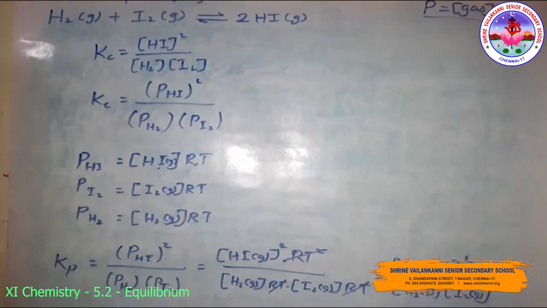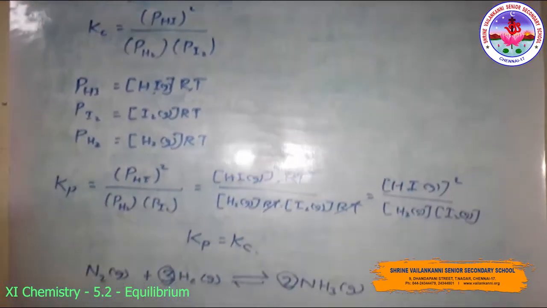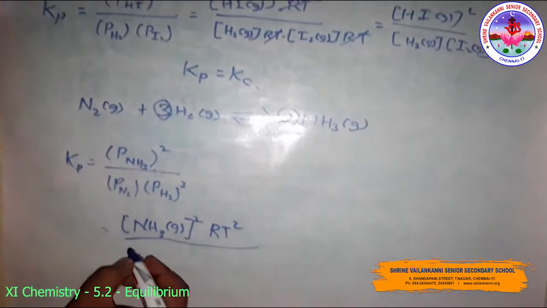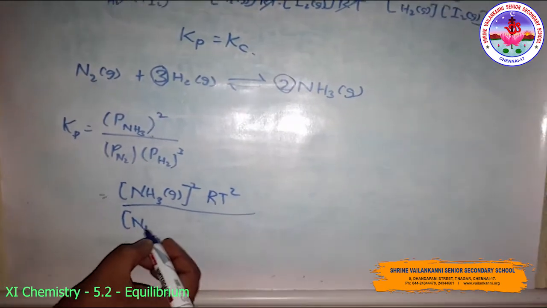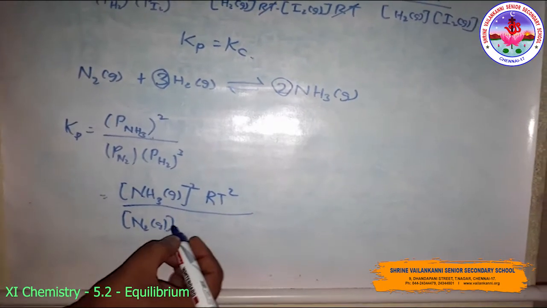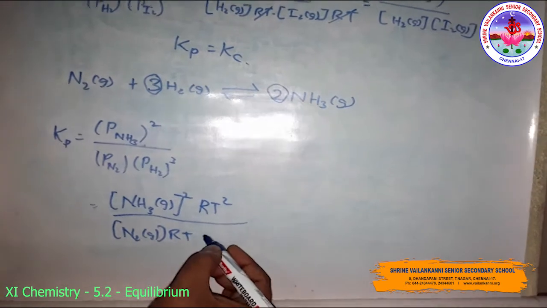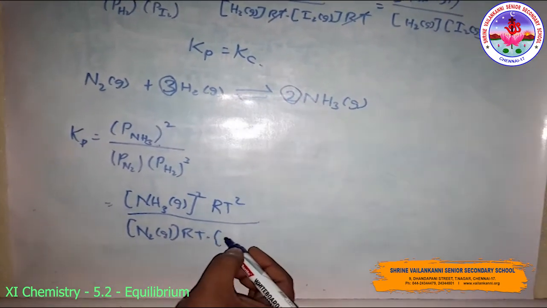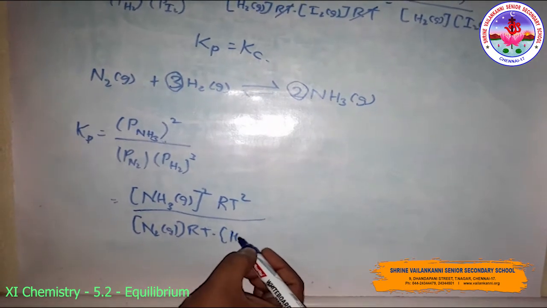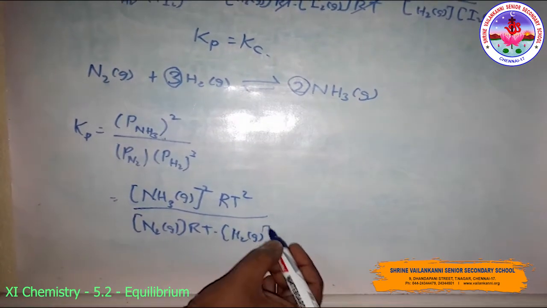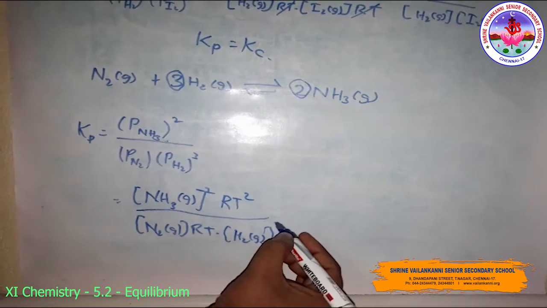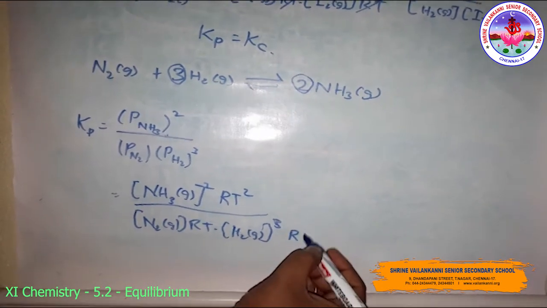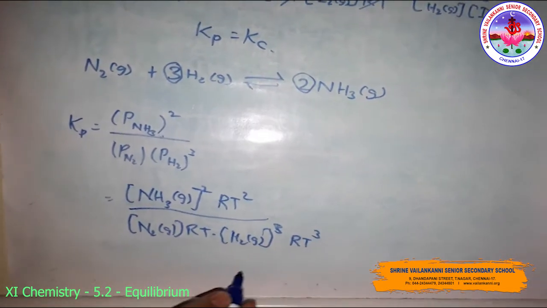So we can write it like this, divided by the reactants: concentration of N2 gas into RT, into concentration of H2 gas power cube, RT cube.